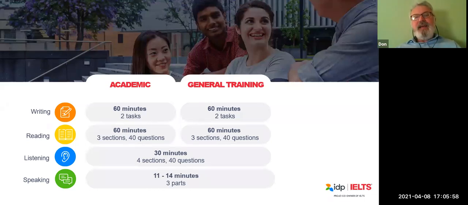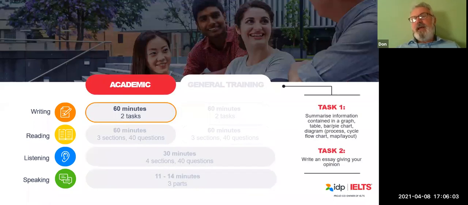You'll see here that the academic writing is 60 minutes and there are two tasks. Now, these two tasks are very different to each other. The first task is asking you to describe in words something that is given to you as a picture, something that is given to you as a graph, or maybe as a chart of figures, maybe a table of figures, maybe a diagram.